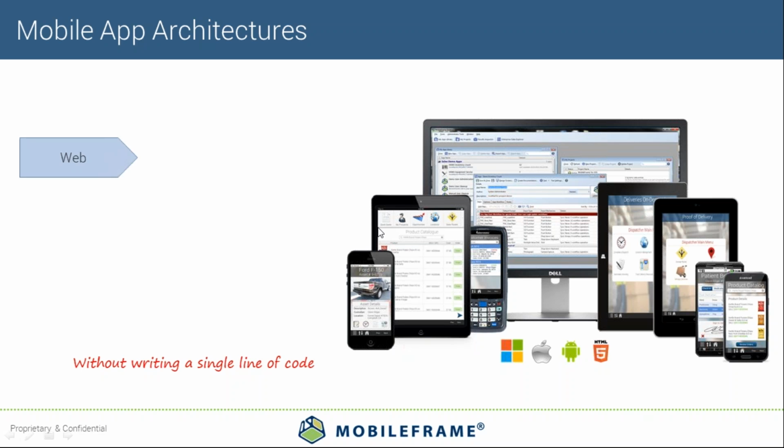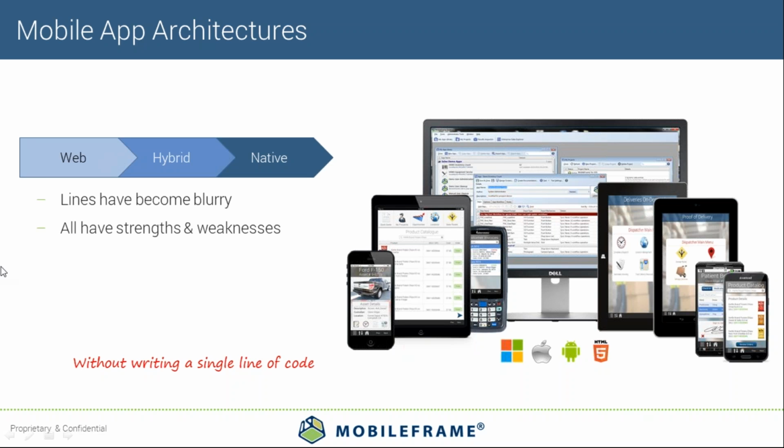So, a little bit about the mobile app architectures that we'll talk about. The one app that I'm going to show you is a native application today, but that could very easily be a web application. I'm also going to show you a web dashboard for management, where they can look at inspections and different things of that nature.